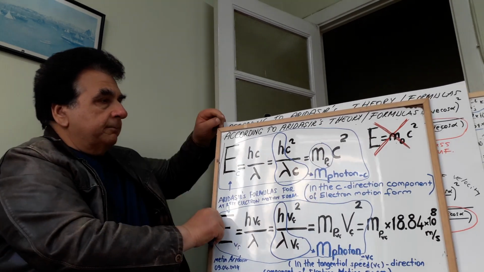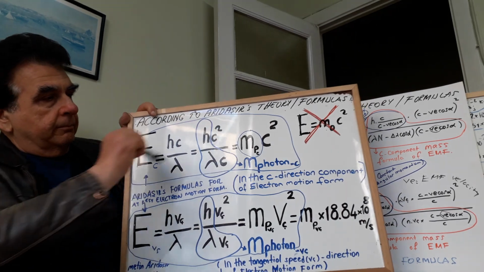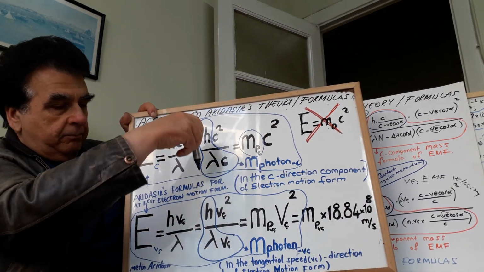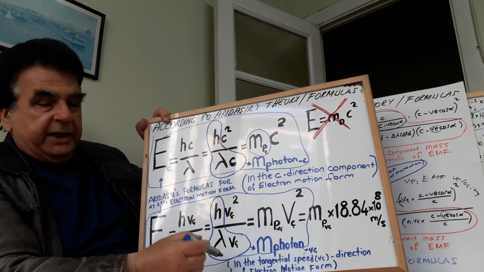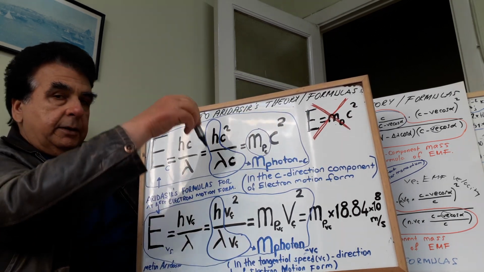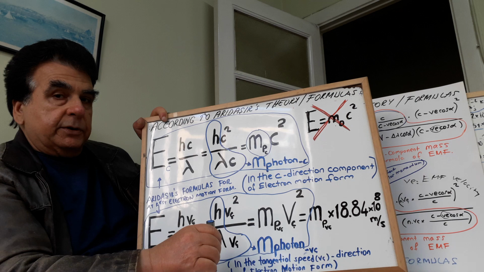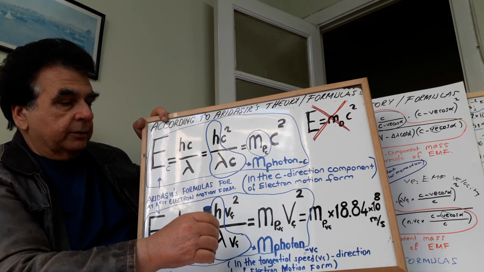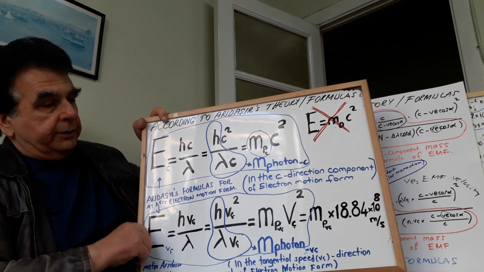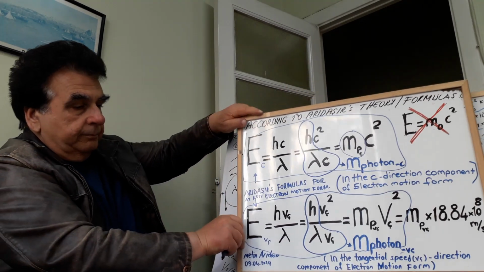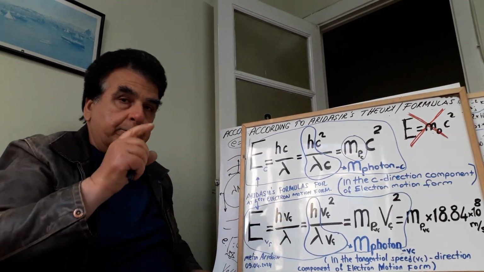I hope you see. And this is my mass formula in tangential speed component of electron, for a point.